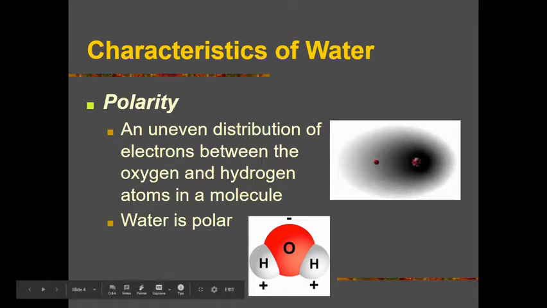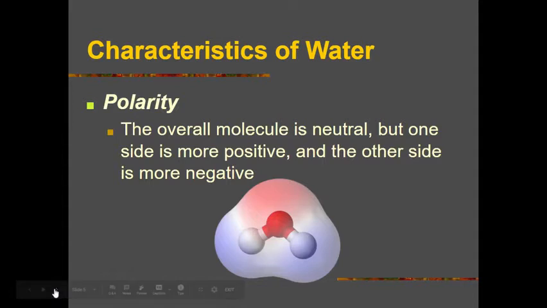In a water molecule, more electrons are near the oxygen edge and fewer electrons are near the hydrogen edges. And so even though water overall is a neutral molecule, one edge of it is a little more negative and the other edge of it is a little more positive because of polarity. So overall the molecule's neutral, one side's a little more positive, the other side's a little more negative.